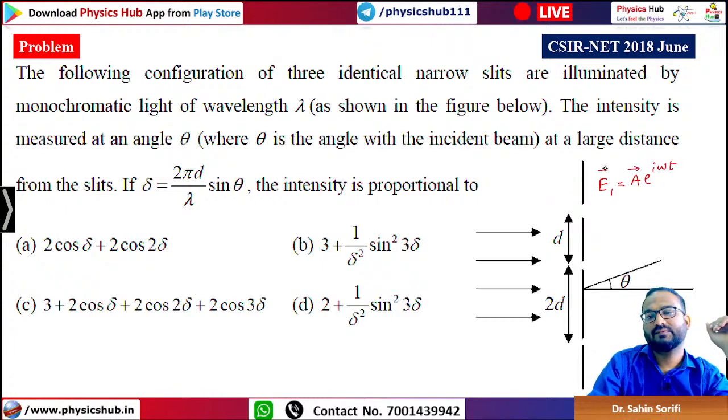Let's say we are making it a vector, but later we'll consider that they are moving from a very large distance, so they will appear to go in the same direction. Now as you can see, what will be E2? E2 will have the same magnitude and same frequency.